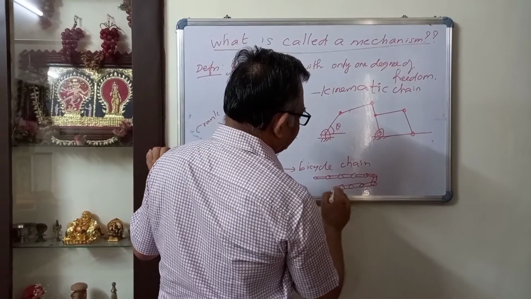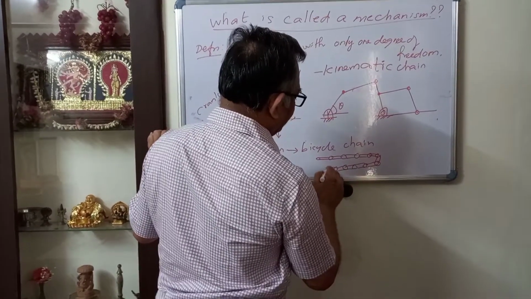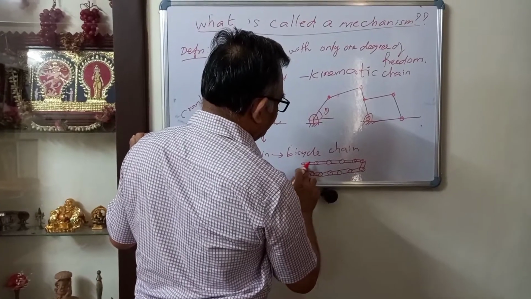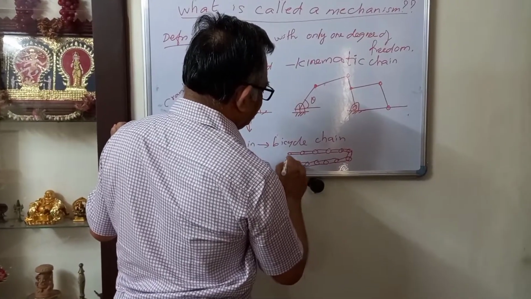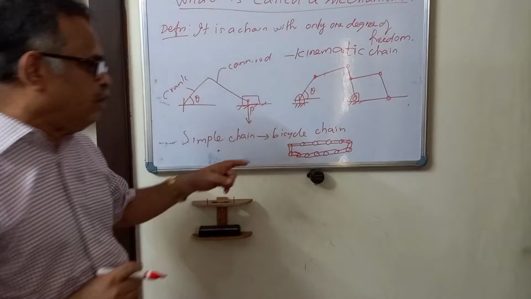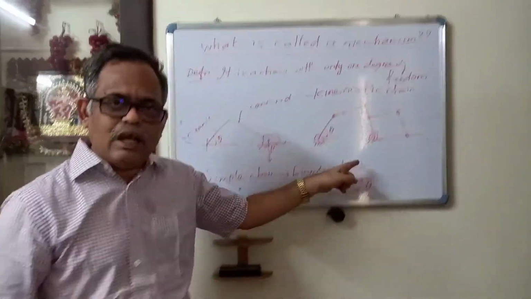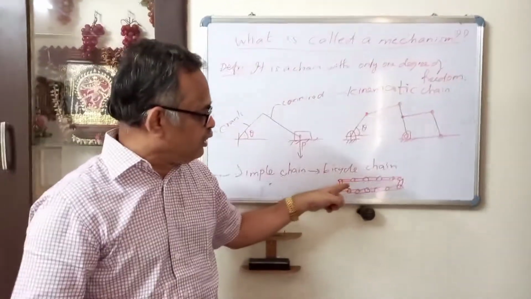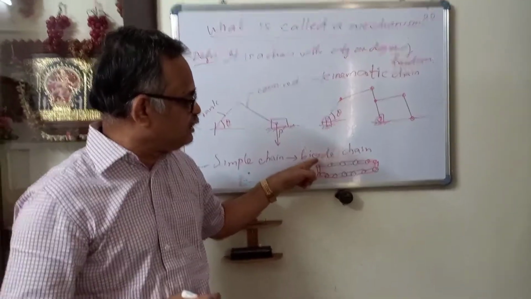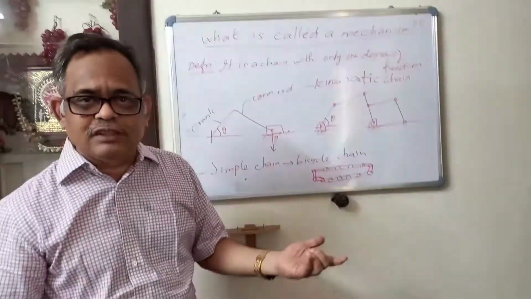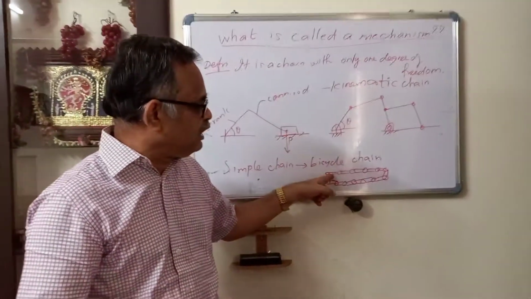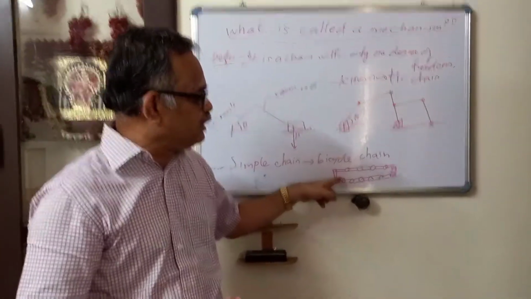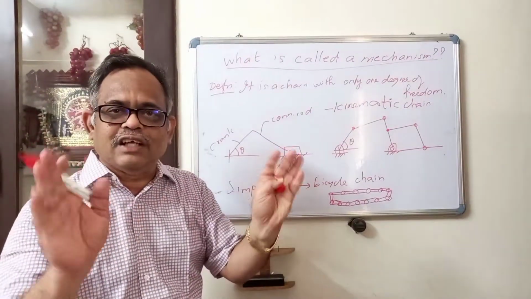See, this chain is not an open chain either. It is simply a chain. Any link can be disturbed like anything. If this link is disturbed, these links may not be disturbed. Even if you change the position of this, the relative positions of all the other links are not defined.